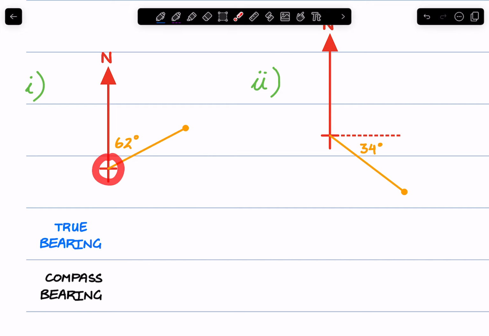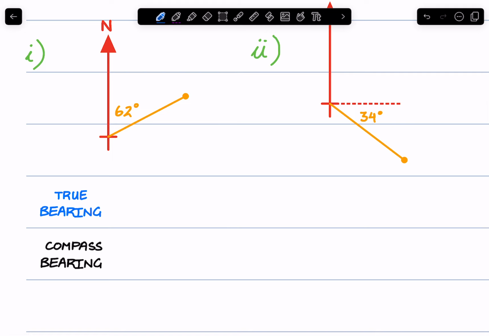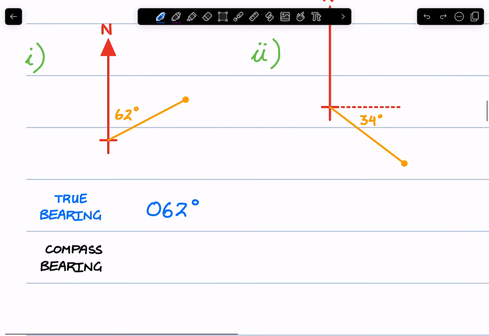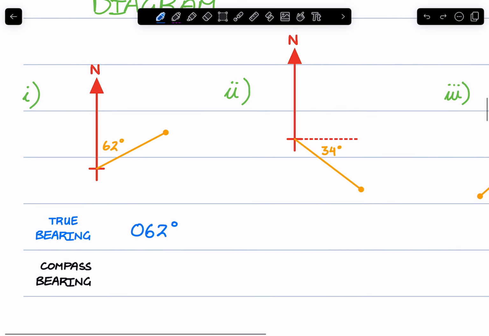So there's a person here, their eyes are facing this way, and they turn their entire body clockwise until they're facing this direction. Well, in this example, it's very straightforward. It is 62 degrees. So for the true bearing, it would be written as 062 degrees. And some textbooks might include a T to it, but 062 is enough.